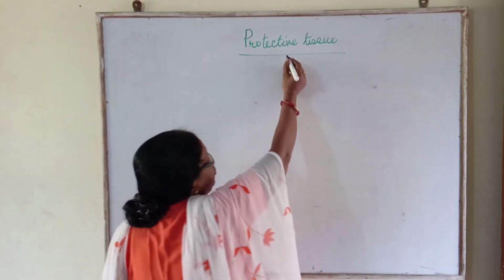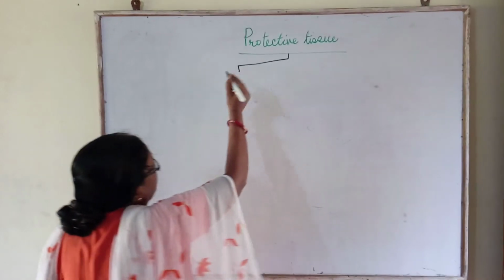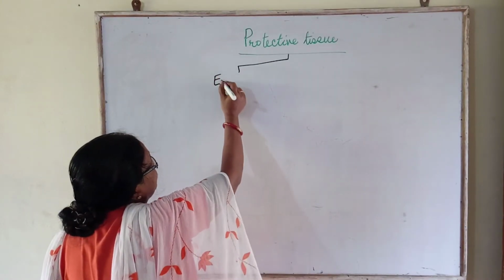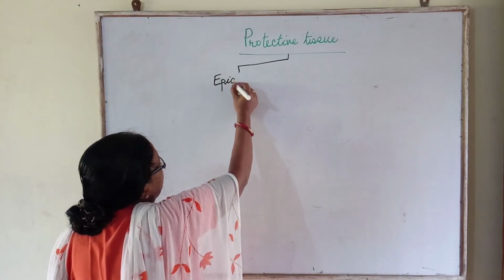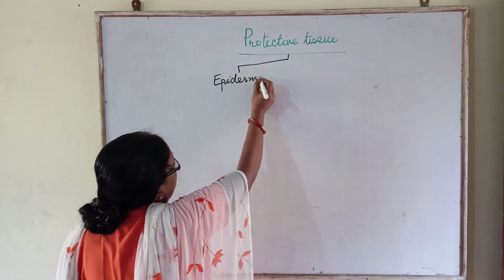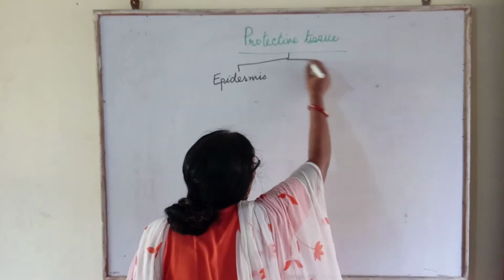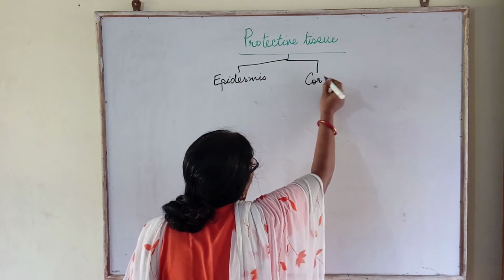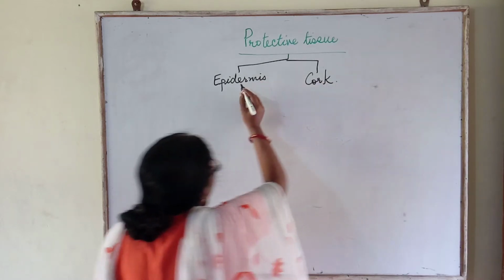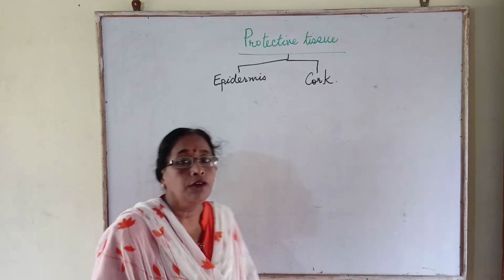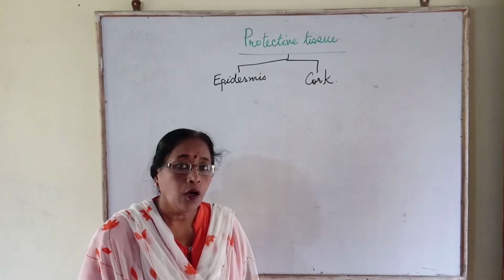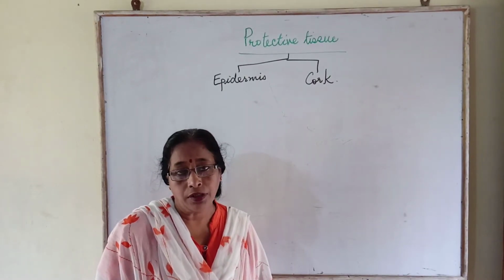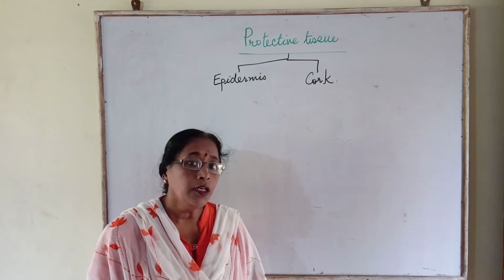The protective tissue is of two types, the epidermis and the cork. Epidermis forms the outer covering of different parts of the plant, different organs of the plant.